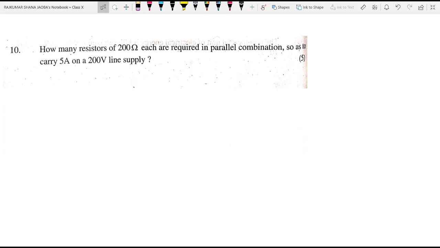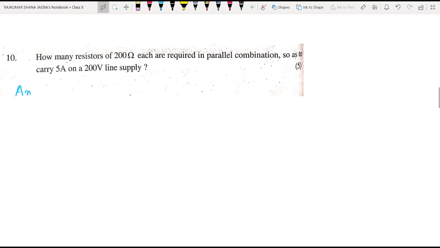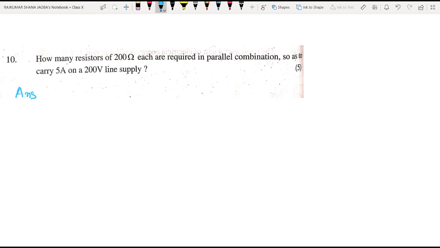Question number 10. How many resistors of 200 ohm each are required in parallel combination so as to carry 5 ampere on a 200 volt line? So here see the 200 volt line we are taking.